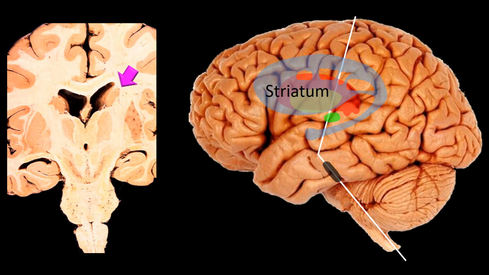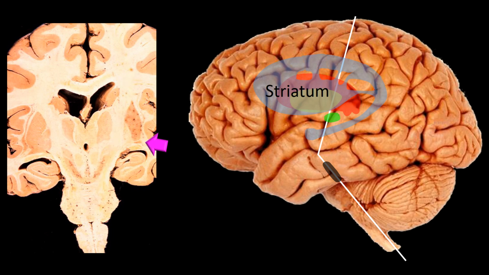This area that I am now indicating in the cut specimen is the body of the caudate nucleus. It corresponds to the area I am now indicating in the uncut specimen, and the area indicated now in the uncut specimen corresponds to the area occupied by the pyramidal tract.